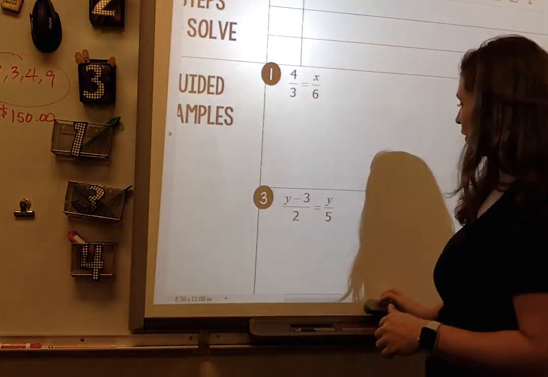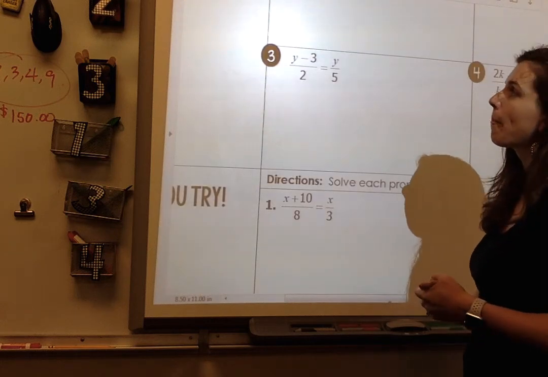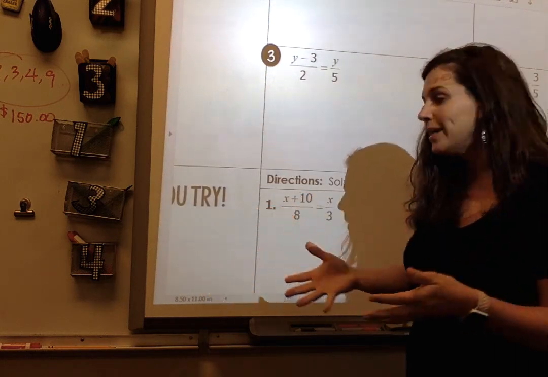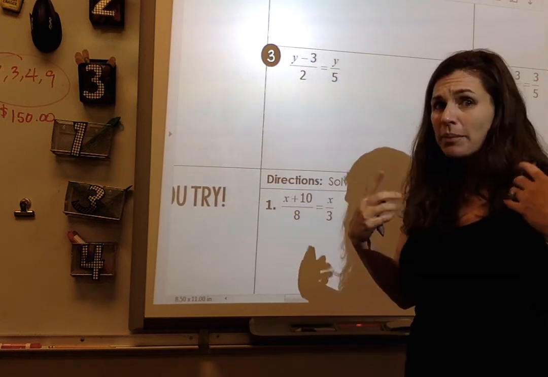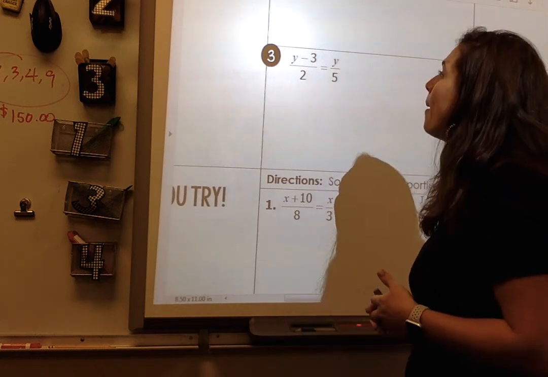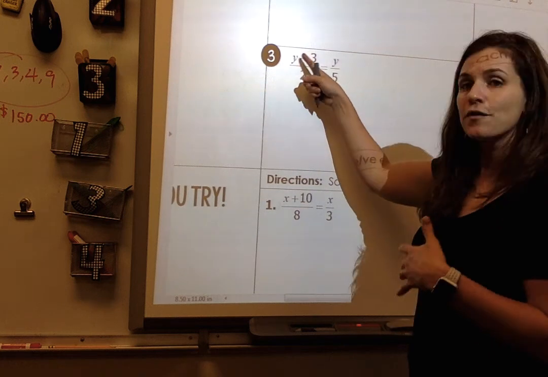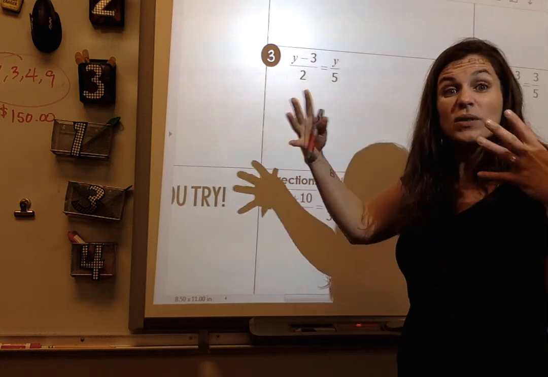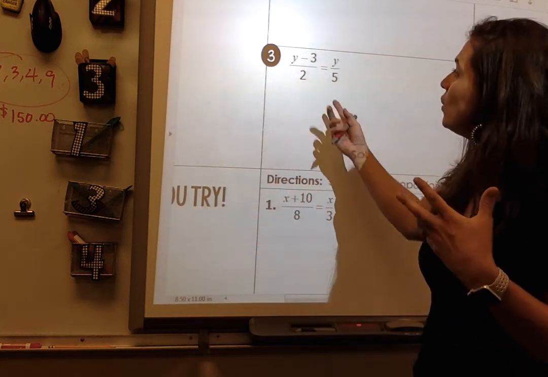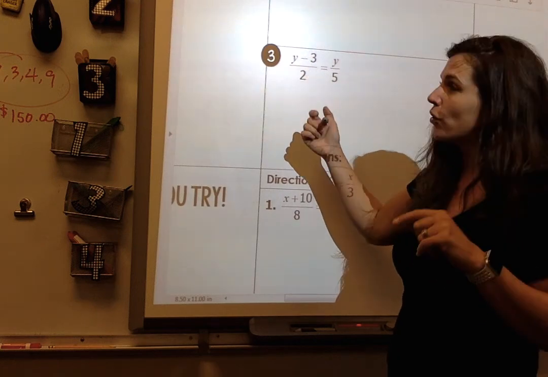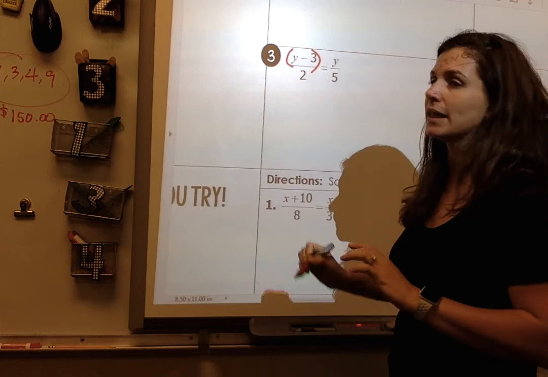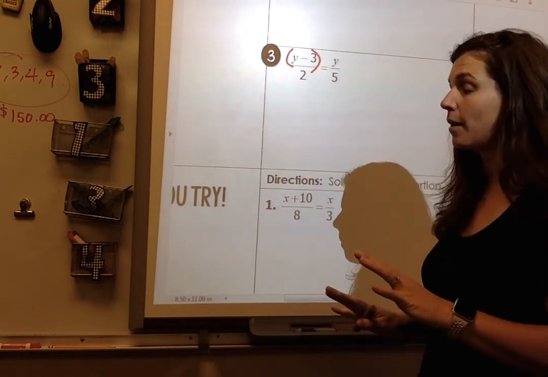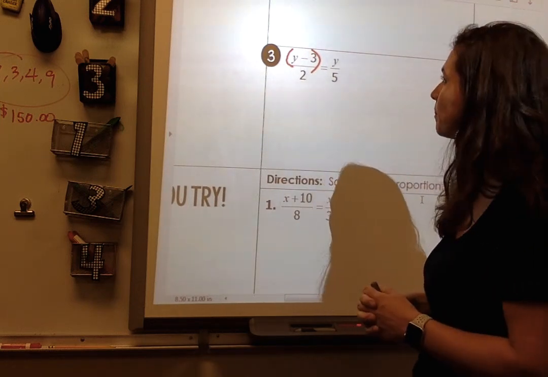Let's go down here to number 3. It's not so easy to look at a pattern. How are they getting from 2 to 5? That's probably not the best method here, and you also have these variables on both sides. So when you see a binomial, more than one term, put parentheses around it immediately before you even start solving.